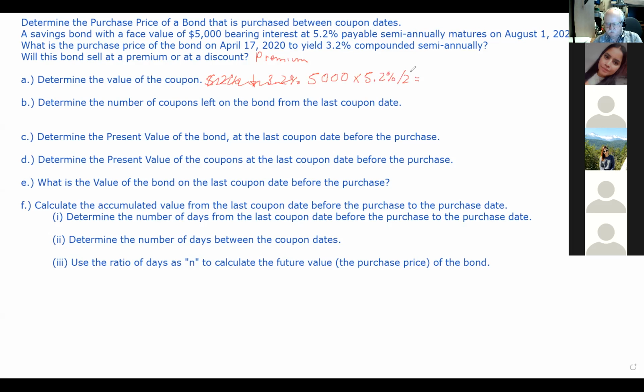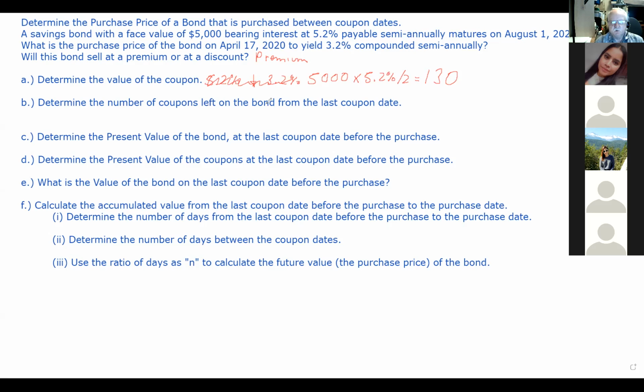So 5.2% divided by 2 times 5,000 is 130. I hope. If it's not, let me know.